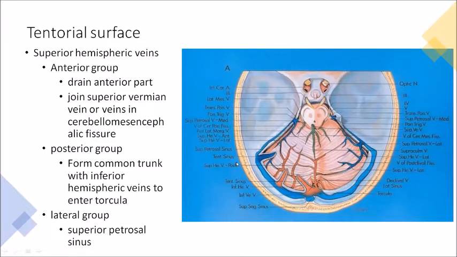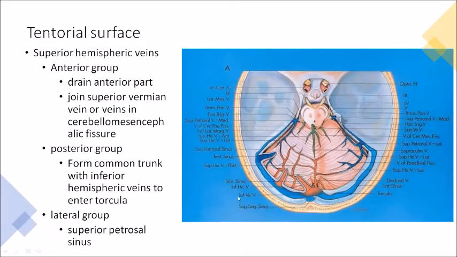The posterior group forms a common trunk with the inferior hemispheric veins to enter the torcula. The inferior hemispheric veins come from the suboccipital surface behind the torcula and join towards the torcula. The lateral group drains into the superior petrosal sinus.